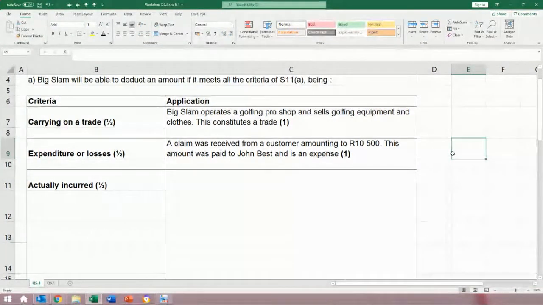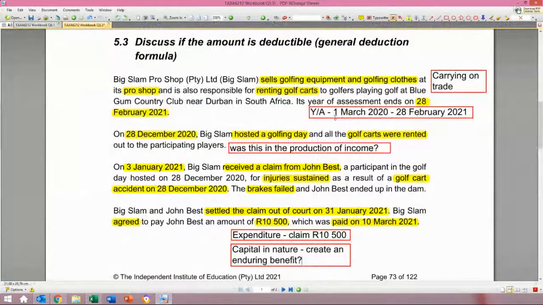Now, when we talk about actually incurred, we have to discuss, have we actually incurred that expense in our tax period? So the tax period we are referring to is 1 March 2020 up to 28 Feb 2021. So did we incur that expense in that tax year, or did we only incur it in the following tax year?